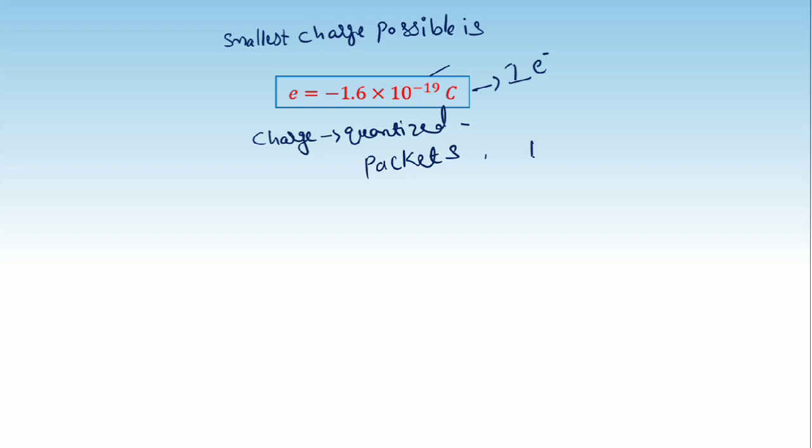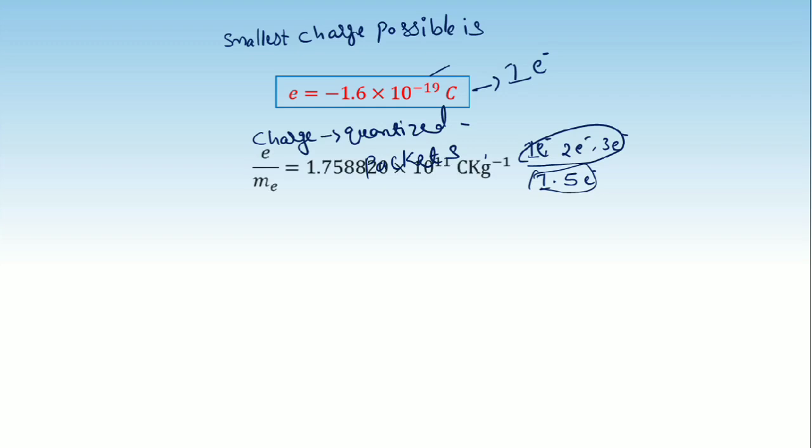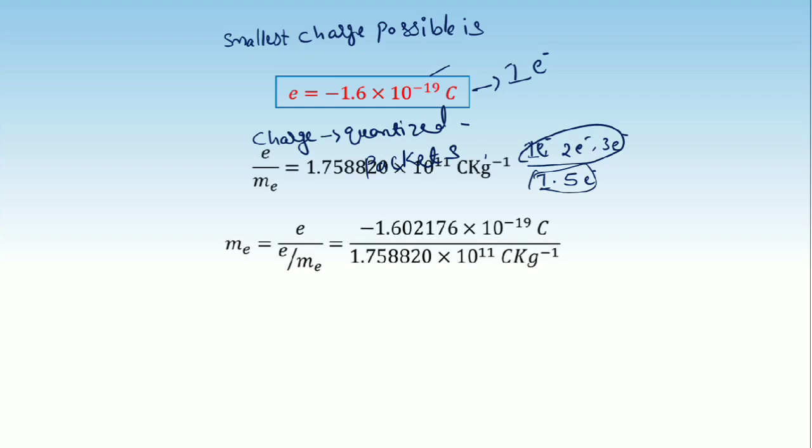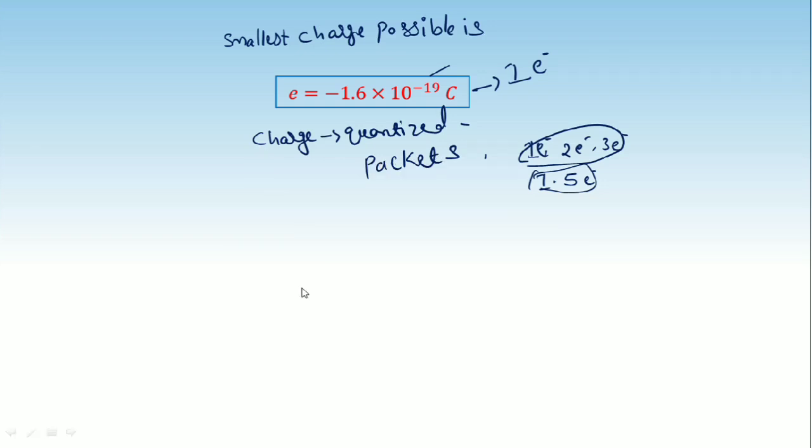You can have one electron, two electrons, three electrons, but not 1.5 electrons. It must be a whole number. So this is how the Millikan drop experiment found the charge of one electron.